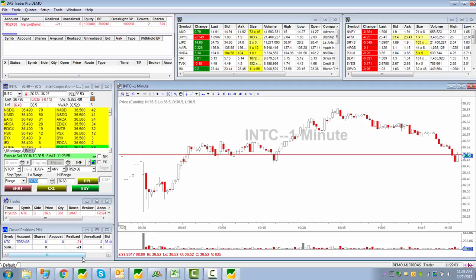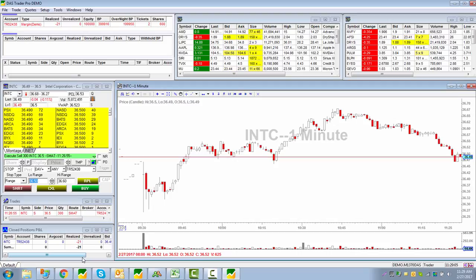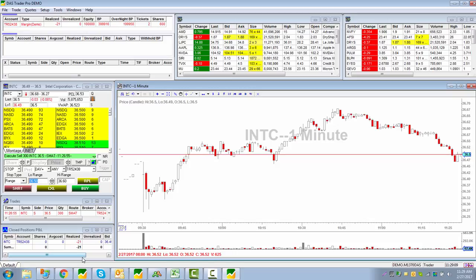Well, depending on the liquidity of the stock that you're trading, again, liquidity does not have to do with volume, you may have to cancel that stop range and just get out at market, because you don't want to wait for the liquidity. The liquidity just might not be there for that stock, and you don't want to play around there and just hope that your limit order does trigger.